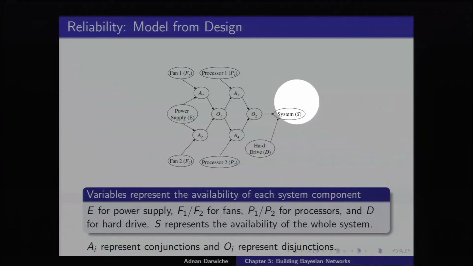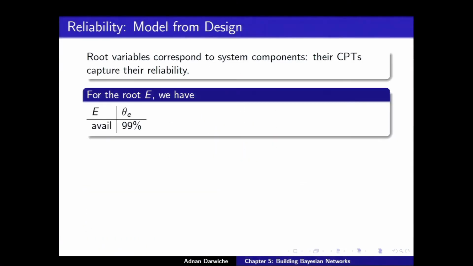Now, if you look at the CPTs, there are three types, right? There are the CPTs for these guys, and there are the CPTs for the A variables and for the O variables. And as you'll see, they're pretty straightforward. For the roots, those represent the availability of individual components. We have that information from the problem statement. For example, this is the power supply, and the probability that it's available is 99% at 1,000 days.